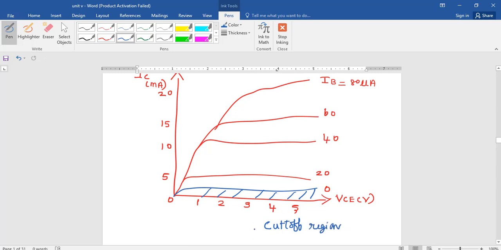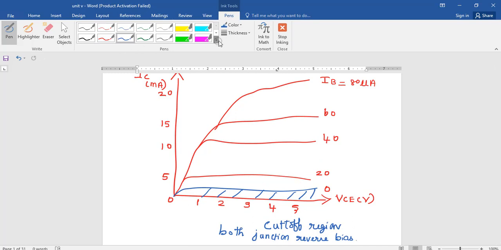Here both the junctions are reverse bias. There is no output.